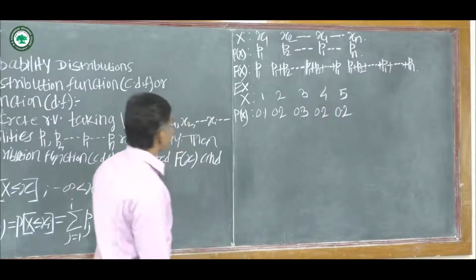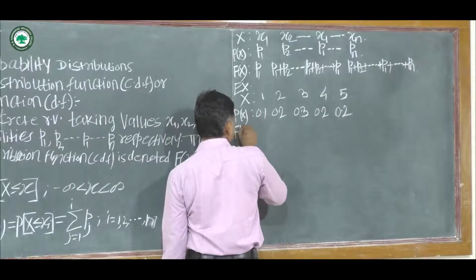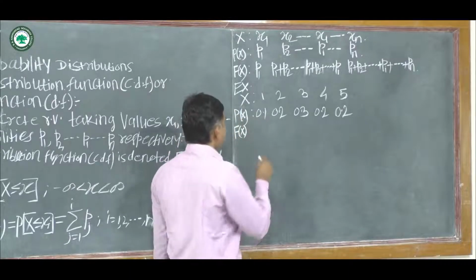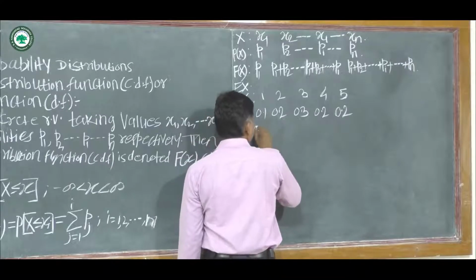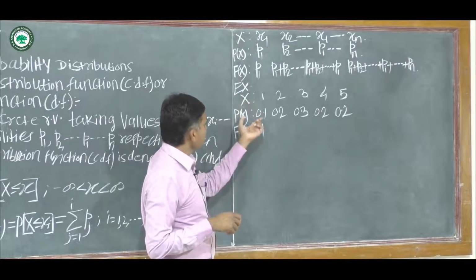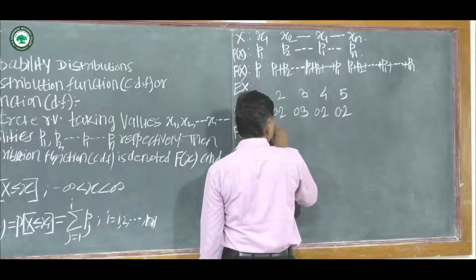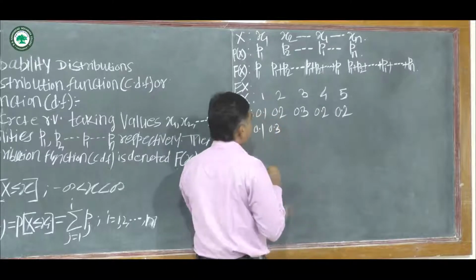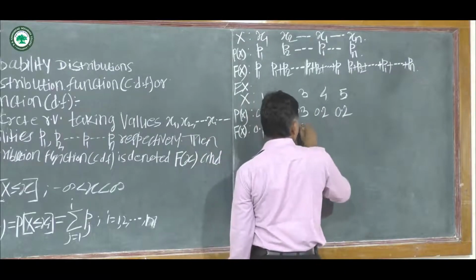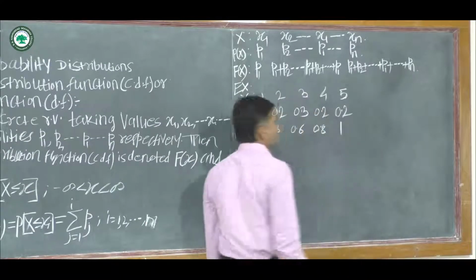Then by definition of distribution function we can compute capital F of x as: at x equal to 1 is 0.1, at x equal to 2 is 0.3, at x equal to 3 is 0.6, 0.8 and 1.